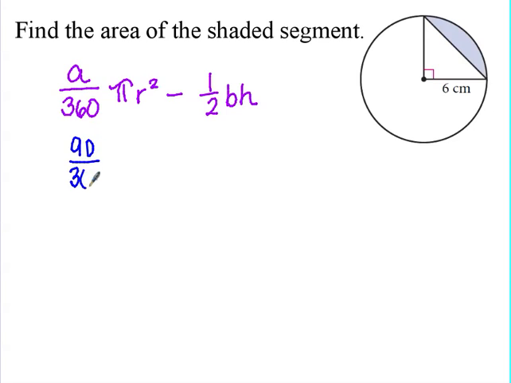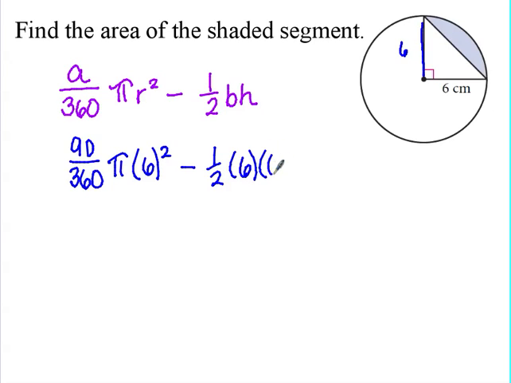So really what you could do is you could put 1/4 times pi times 6 squared minus, oh boy, here's my base, here's my height, so 1/2 of 6 times 6, which is 18, as you've already said. So 90 over 360 is 1/4 times pi times 6 squared, which is 36, minus 18.